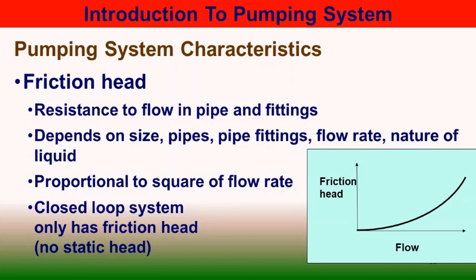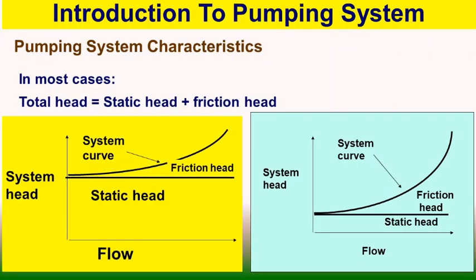In most of the cases, the total head of a system is a combination of static head and friction head, and the left side of this figure shows a system with high static head. That means the destination reservoir is much higher than the source, and the right hand side of the figure shows a low static head, maybe destination at the ground level and not much higher than the source from where it is pumped.